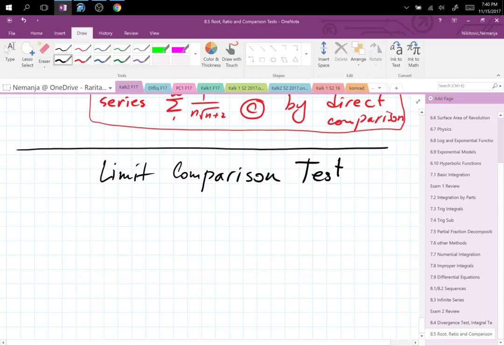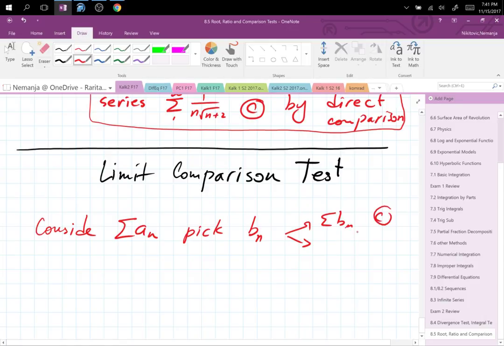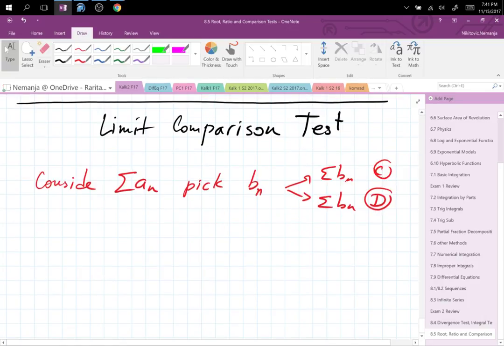Limit comparison test. So we have the same thing, right? Consider summation AN, pick BN, then you will have that summation BN converges or summation BN diverges, depending on what BN you picked, right?